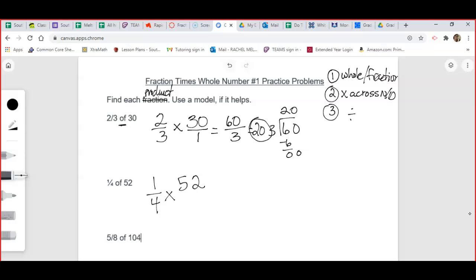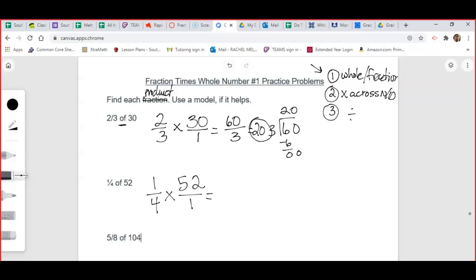Look at step 1. What am I going to do first? You're going to multiply whole fractions? Nope. Isaac, help him out. What am I going to do first? Make the whole number to a fraction. Thank you. That's just putting over 1.